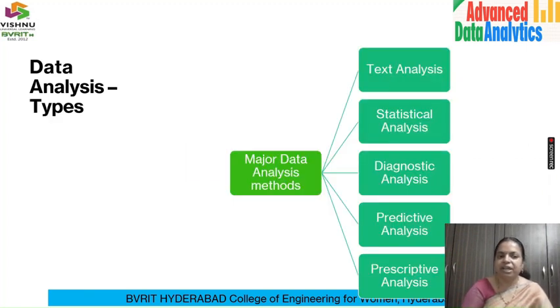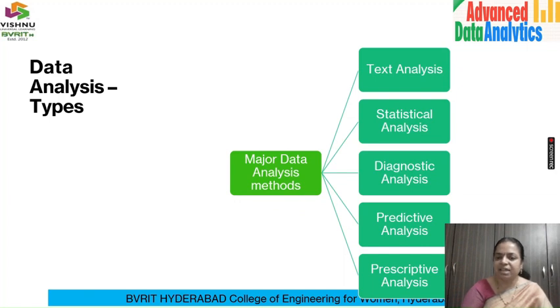So next are the different types of data analysis methods. The major data analysis methods are like text analysis, where we analyze the given plain text or social media reviews or comments, or Facebook comments or posts, Twitter posts, LinkedIn posts. These all come under text analysis.